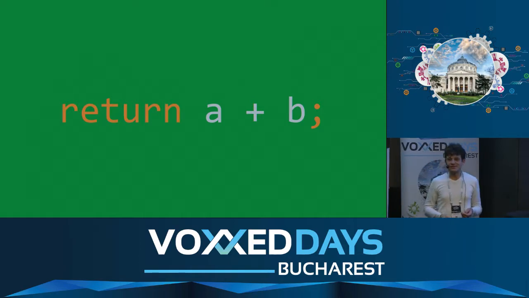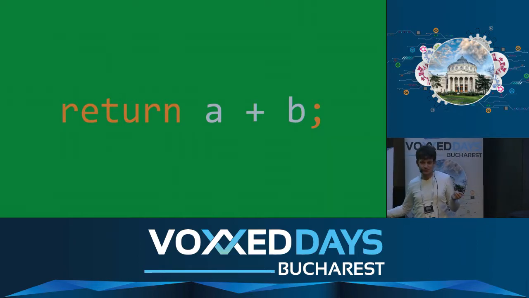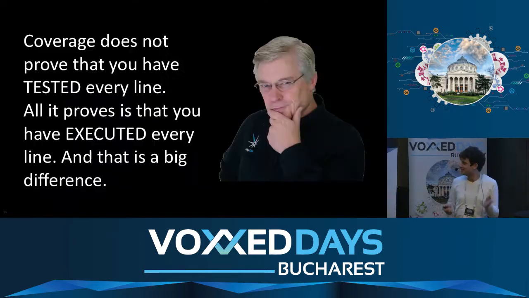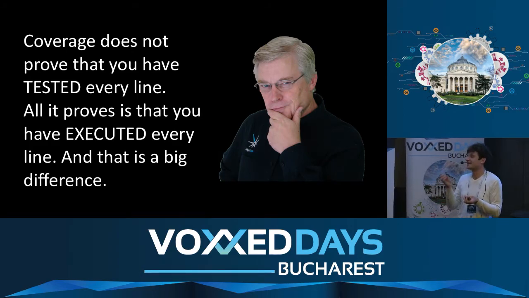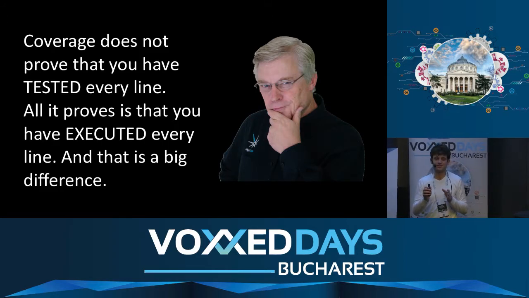But there is a problem with test coverage. According to the guru of common sense in the IT world, Uncle Bob: coverage does not prove that you have tested every line. All it proves is that you have executed every line. And that is a big difference.